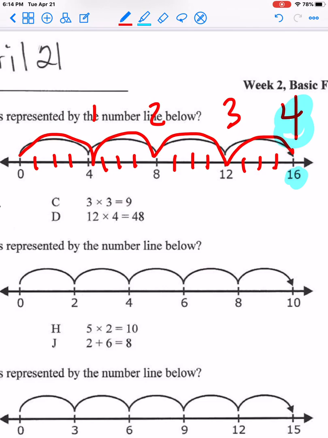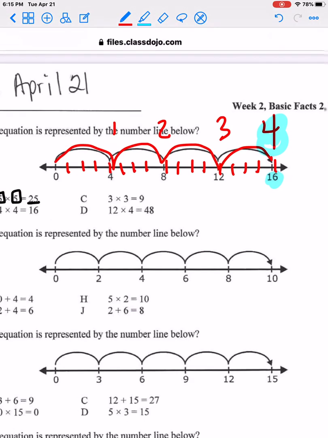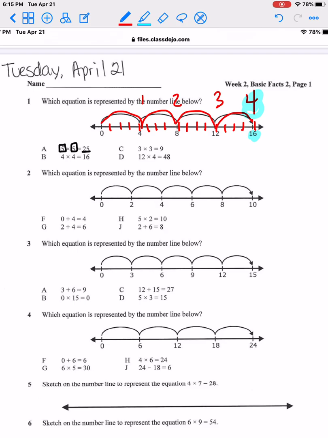So I know that each of those groups has 4. Great. So now let's go ahead and look at our answer choices. We're ready to use our information. I know that for this multiplication sentence, for this equation, I am going to have a 16, a 4. It's like our fact families, right?